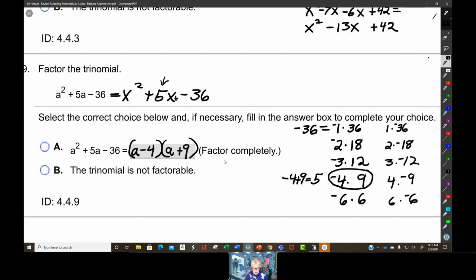And then if I check it, which you probably always should, A times A times 9 minus 4 times A minus 4 times 9.